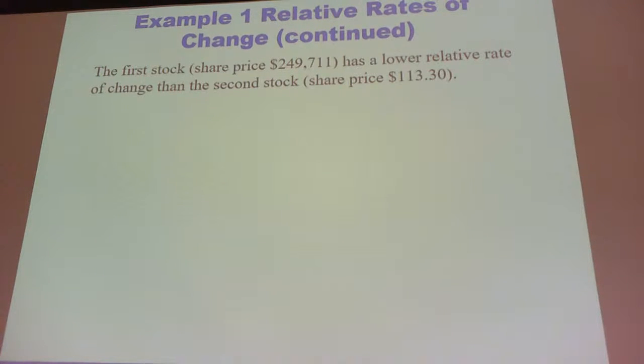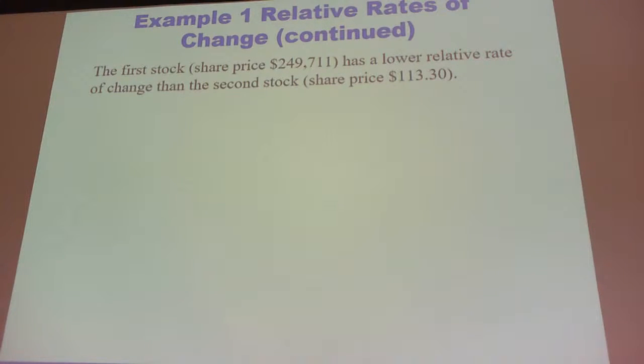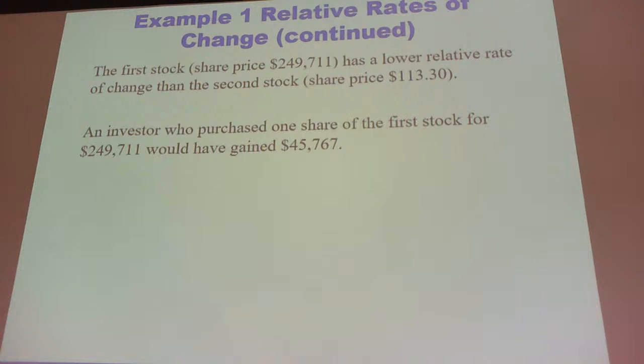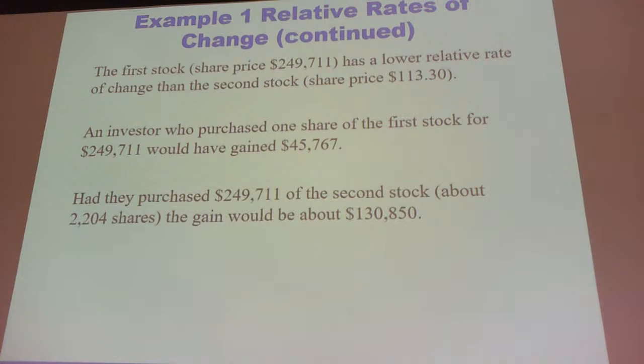So we actually find that the other stock, which wasn't really impressive, actually increased more. So an investor who purchased one share of the first stock for $249,711 would have gained $45,767. Had they purchased $249,711 of the second stock, it would make $130,850.